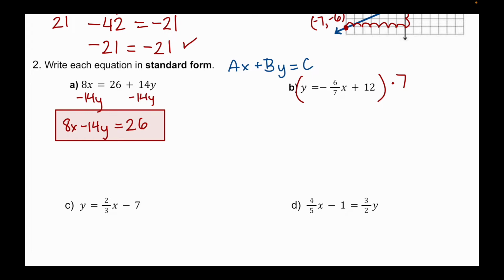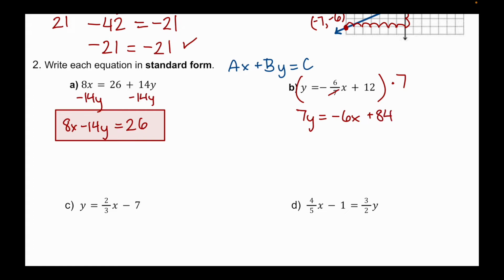So we'll still have 7y, but this -6/7, the 7's just going to disappear, and we'll have -6x. And then 12 times 7, I'm going to say that's like 80 or 90 something, but I'm not quite sure, so I'm going to check myself with a calculator. 84. Yeah, that sounds right. So plus 84.